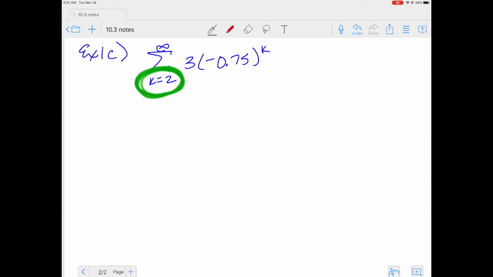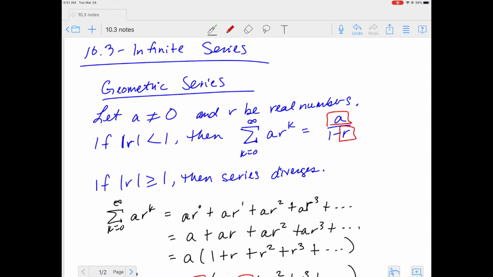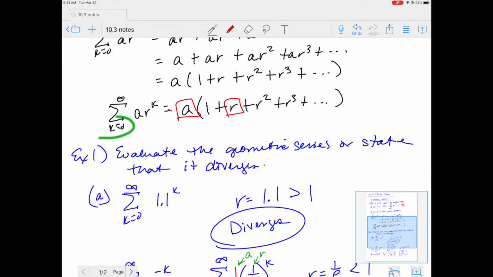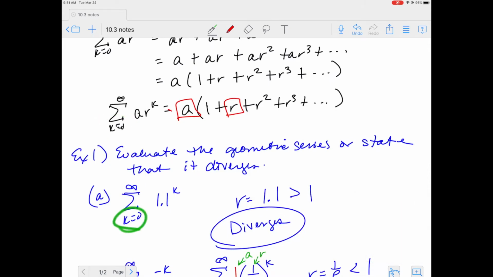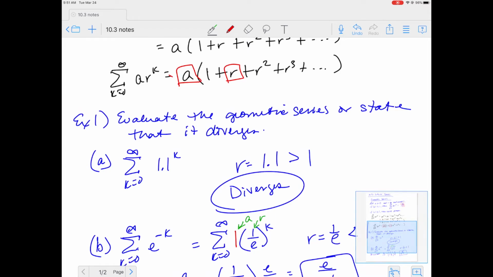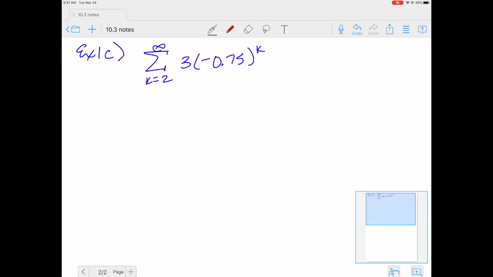My k value here starts at 2. On my other problems and in my definition, I'm starting at 0. Both of them started at 0. So when I'm starting this at 2, that's going to affect this. My a value is not just a 3. My a value makes that impact.